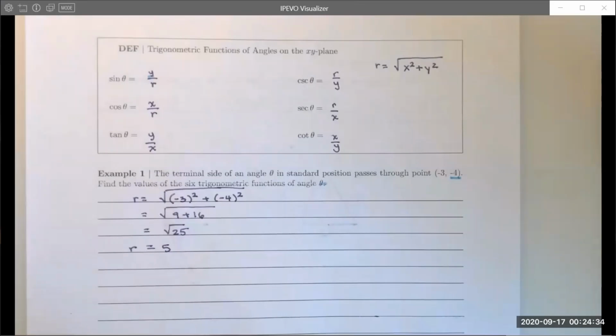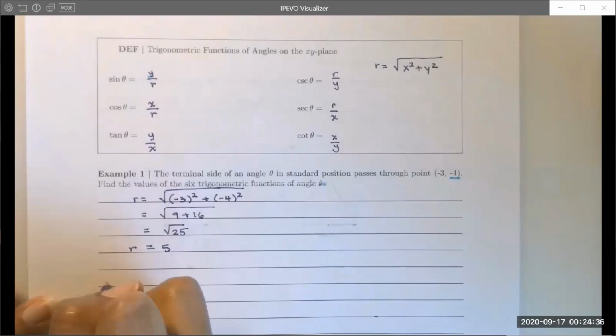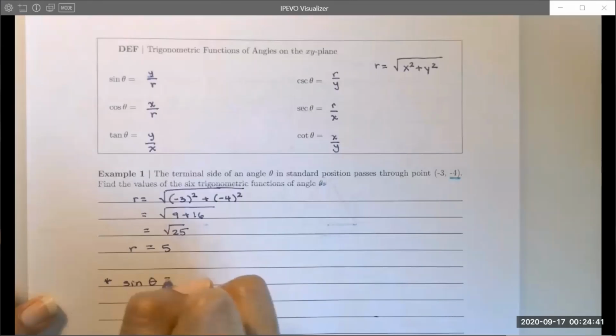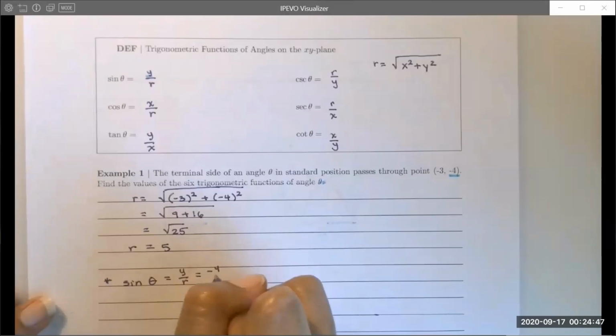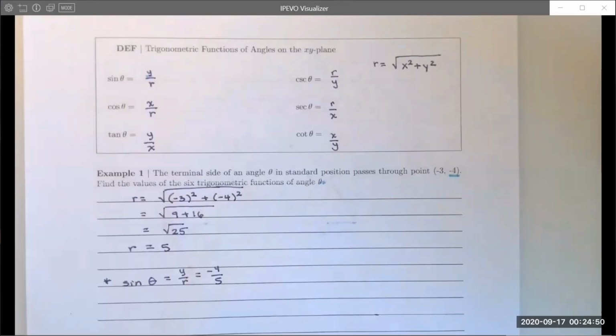And now based on that, we can say, well, sine of angle theta is going to be y over r from the formula that we found. Y is -4 and r is 5. So we just computed that.